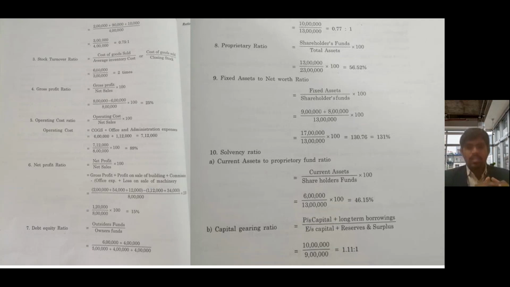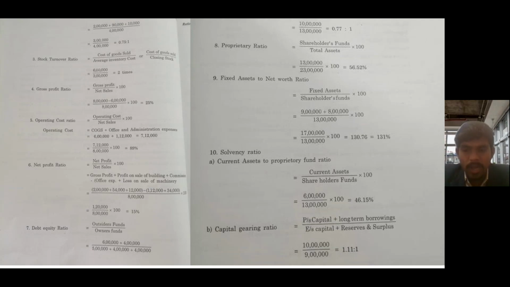Next is the fixed assets to net worth ratio. What will be the fixed assets to net worth ratio we are getting? The formula is fixed assets divided by shareholders' funds into 100. Here we take only the fixed long-term assets, like land and building and plant and machinery.